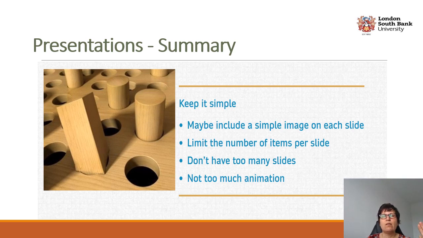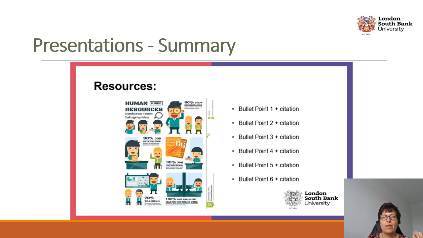This distracts your audience, and they don't focus so much on your content, but rather on the animation itself. This is a good example of what you can include. An image and then your bullet points, up to 6. 4 to 5 I think is fine, but no more than that.